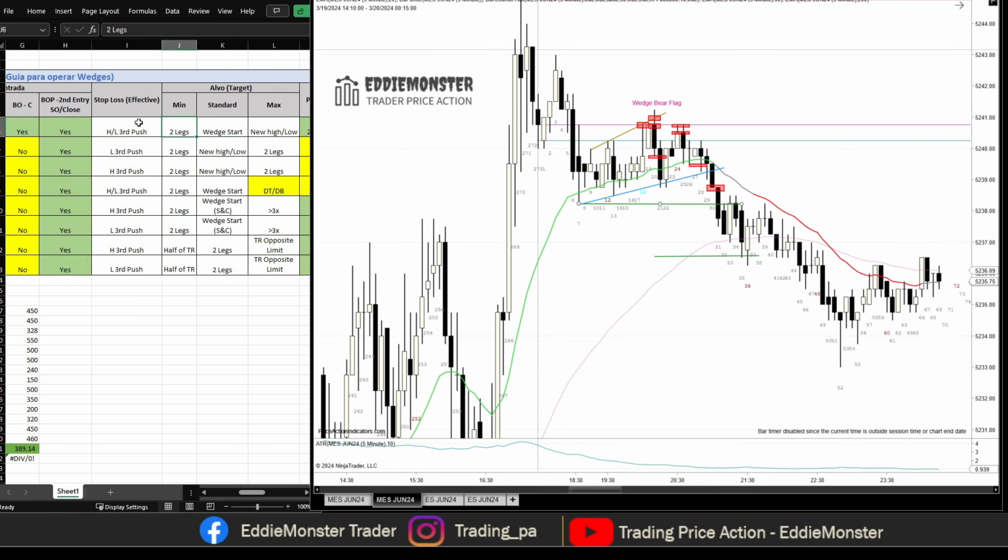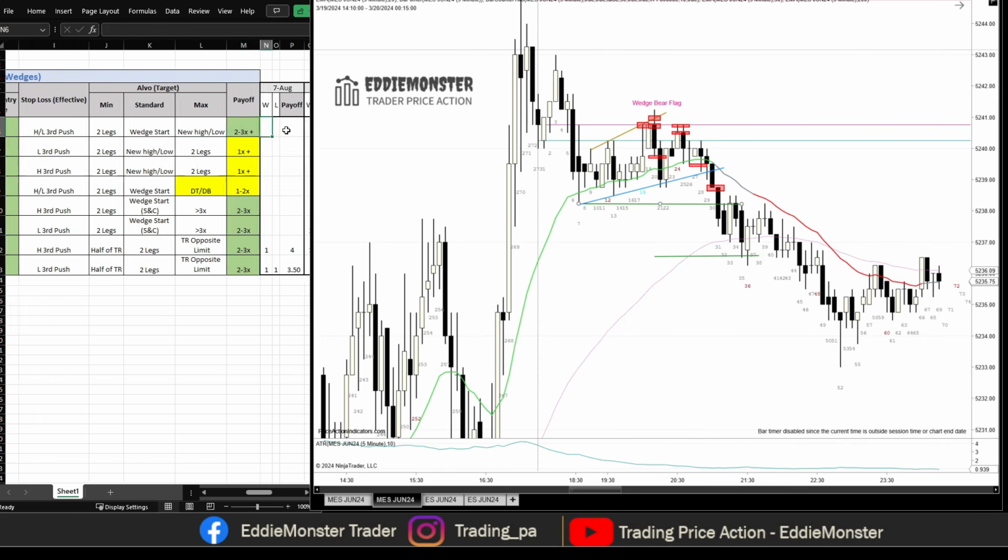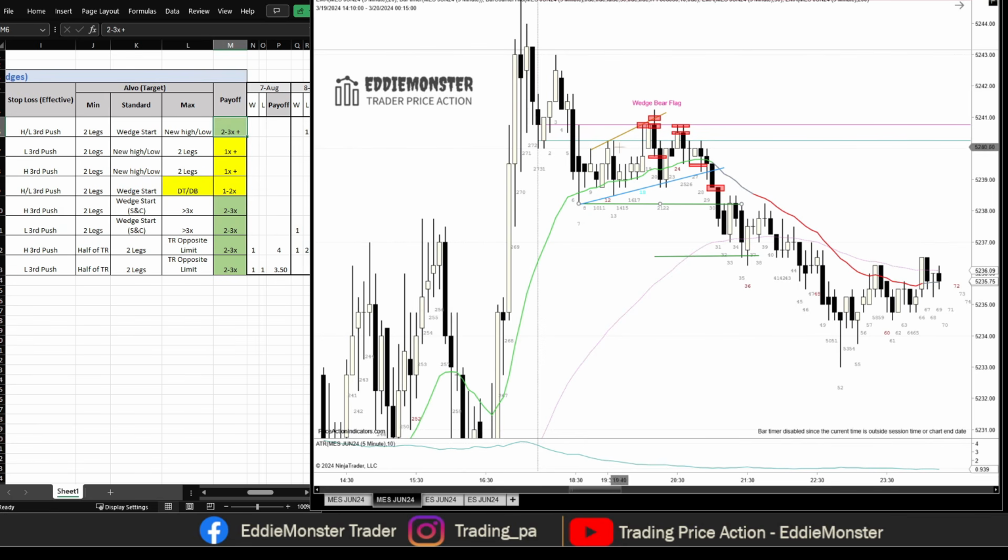The minimum is where the wedge starts. This is the minimum, right? You can expect two legs starting here. One, pullback, two legs. Okay. New high, new low, of course. So you're going to have a new high, new low in this case, maximum. And two legs. So that's basically what's happening here.